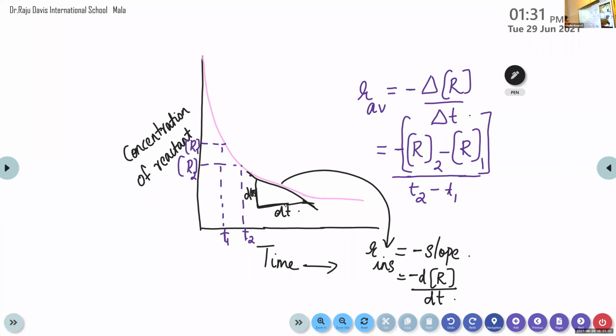This one is in terms of concentration of reactants. From this graph, average rate can be calculated by minus delta R divided by delta T. Here, R2 and R1 are the points that we can obtain from the y-axis, and T2 and T1 can also be obtained from the x-axis. Then in the case of instantaneous rate, we can find the negative slope, that is minus dR by dt.